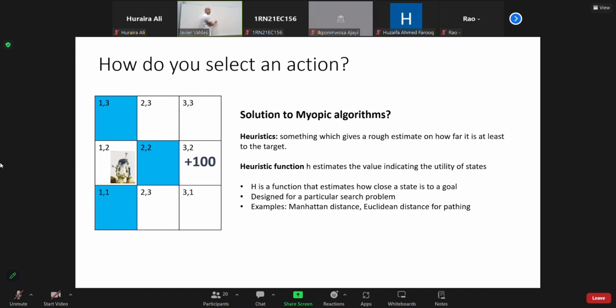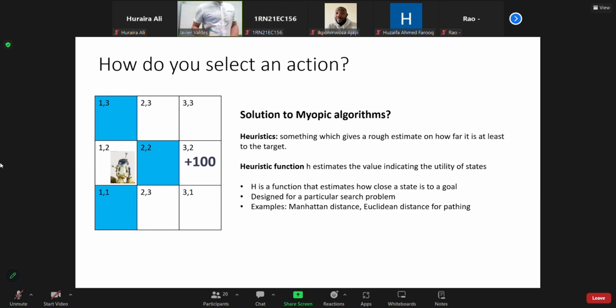This is why, if you want to go to this place, as the utility function for one move is -1, the archer will first have to rotate, and then go here, and then go here. It's going to be associated with a cost of -3 compared to -2. So based on the utility function, for the archer, it is always better, in the example that we have seen, to go first to that square.